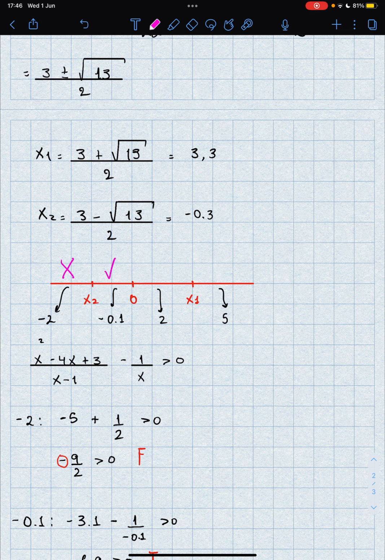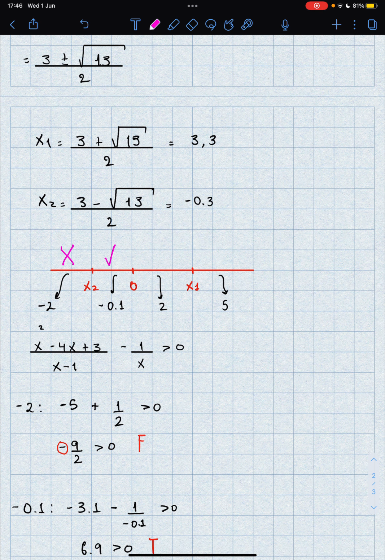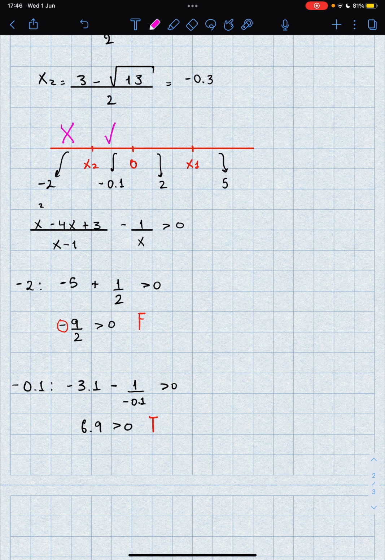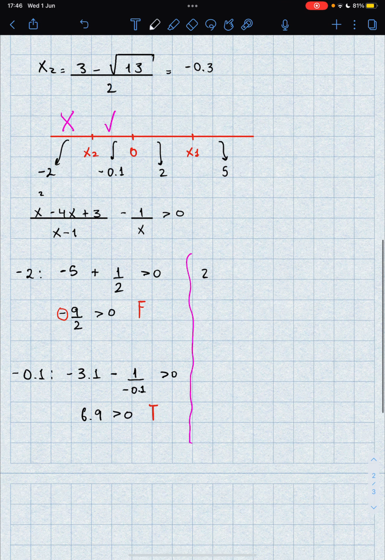Now we have to analyze the following intervals. So let me do something like here, right? And I'm gonna say, for 2, right? 2. Okay, let's do it.